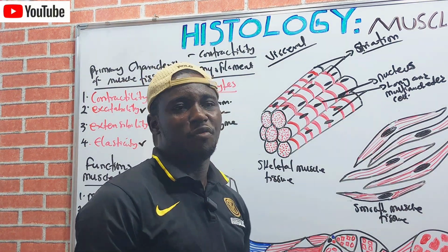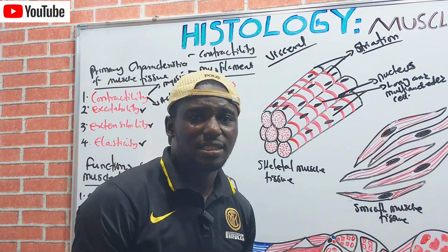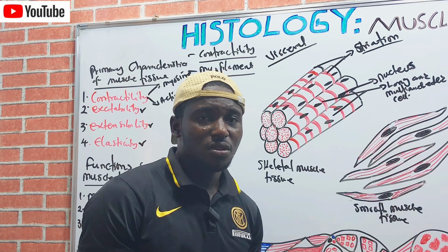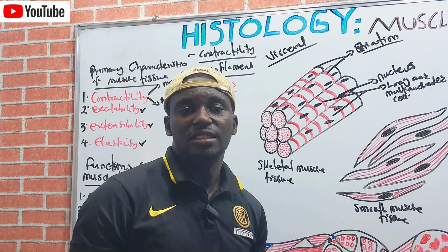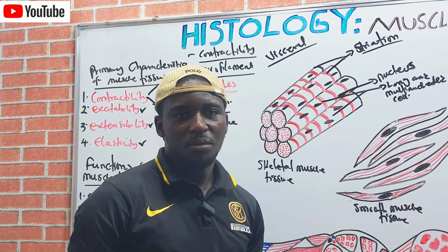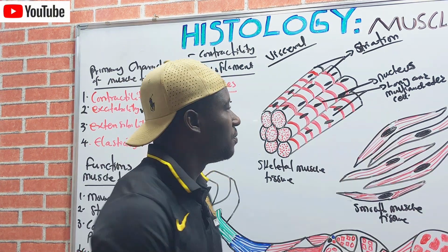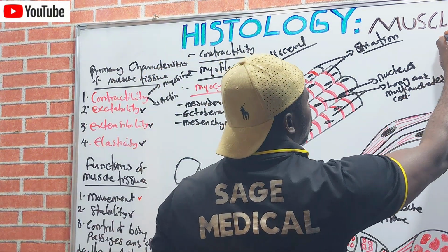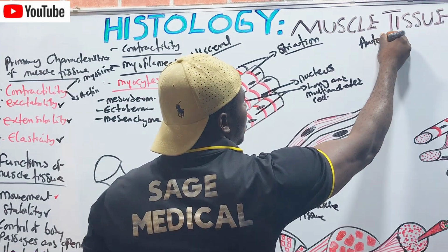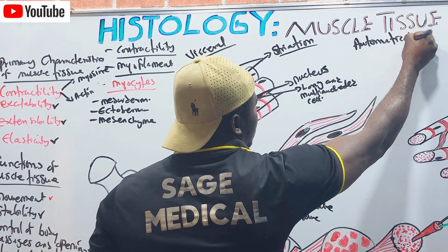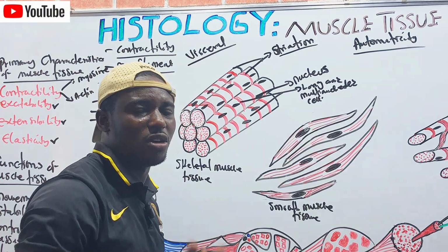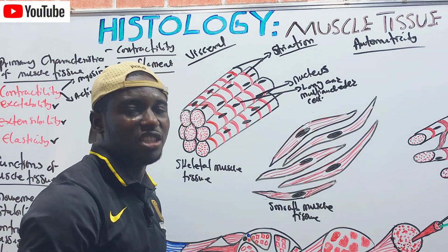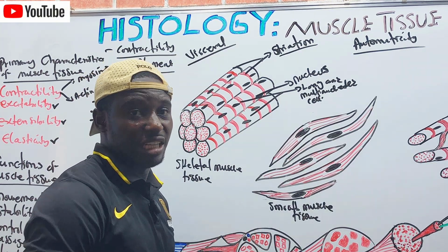An example of where smooth muscle undergoes that automaticity is in the GIT tract, particularly the esophagus, by the mechanism called peristalsis. Some of them undergo what? Automaticity. They generate their contraction on their own.